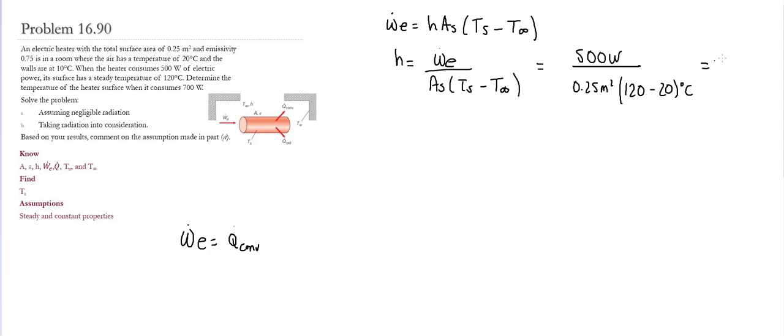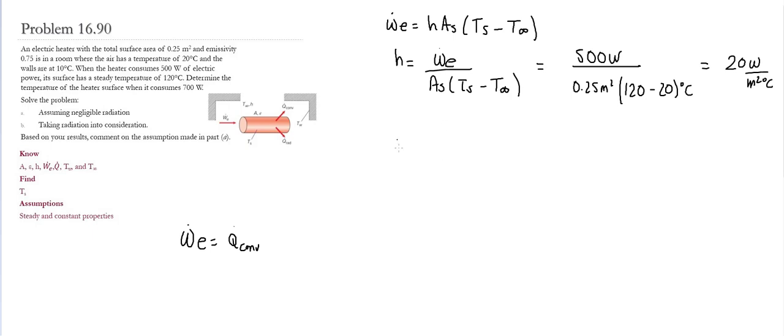Calculating this value, we get 20 watts per meter squared Celsius, or Kelvin. Once again, remember that the unit for h could be either Celsius or Kelvin because the delta of Celsius and the delta of Kelvin is the same.